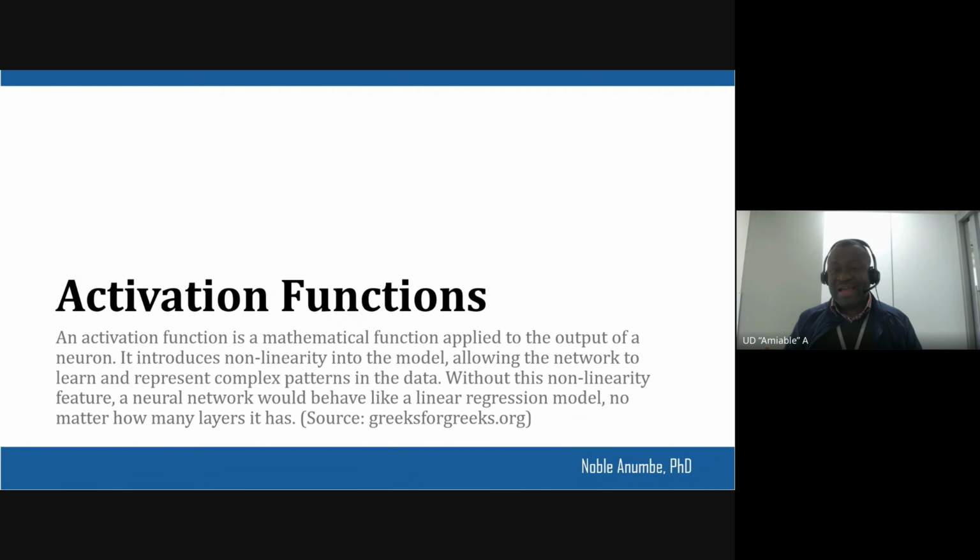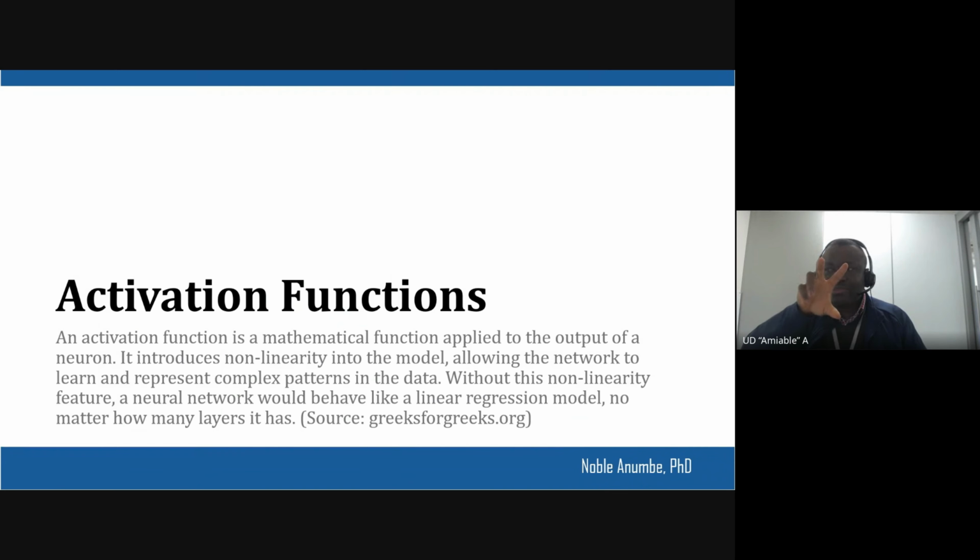Because most things in life are not straight lines, right? And there are different kinds of activation function depending on what kind of problem you're trying to solve. You can choose the right activation function to make your linear function non-linear, and that's what we refer to as an activation function. So it's a mathematical function applied to the output of the neuron. What's the output of the neuron? Remember, y is equal to mx plus c. Your output is that y, or y hat on top of it, right?